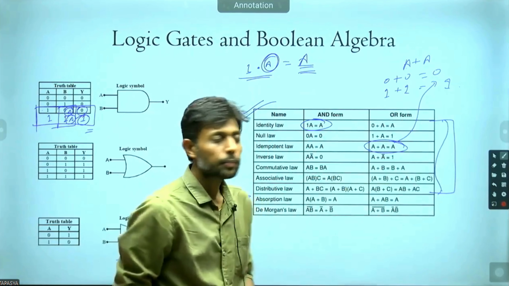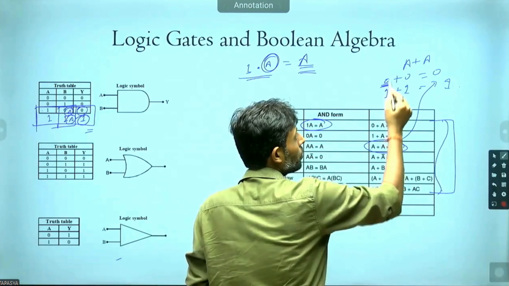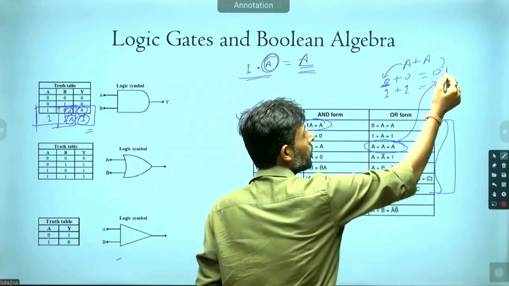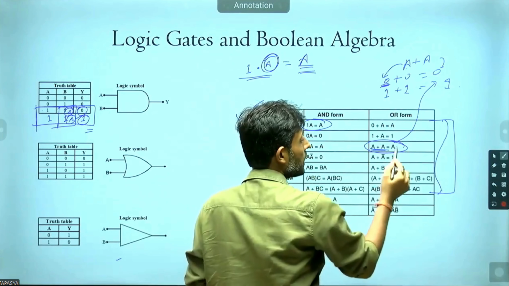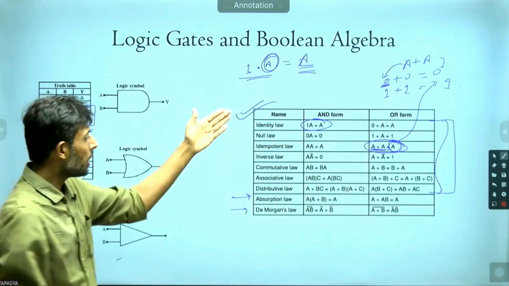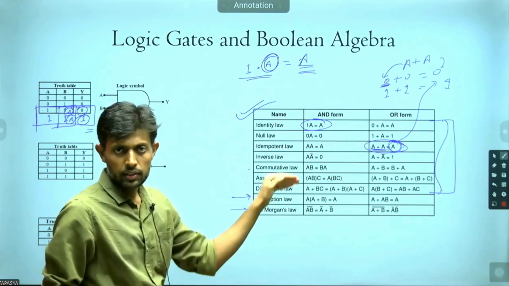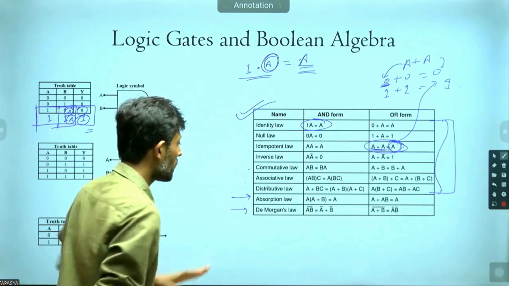What do we see? That whatever value of A we had taken, the same value we are getting here. That's why A plus A gives us A. It's called the idempotent law. Similarly, we have the inverse law, commutative law, associative law and distributive law. You can verify these laws on your own. It's very easy to understand.